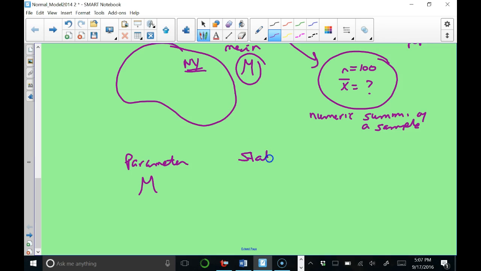For a statistic, for the sample, we would use x bar. Both of these are means, but one's of a population and one's of a sample. Same with standard deviation. For an entire population, I use the Greek letter sigma. For a sample, I use the little letter s. Okay, ready for the next page.